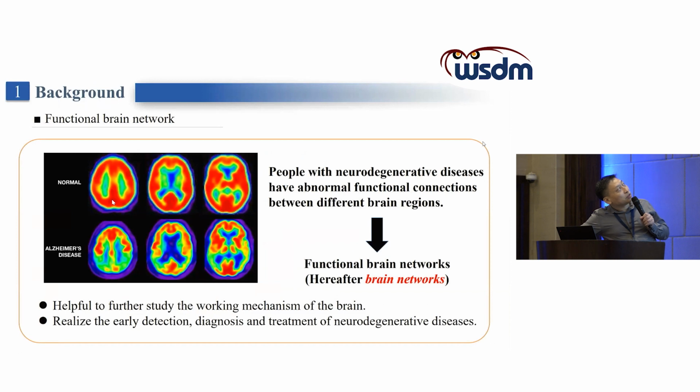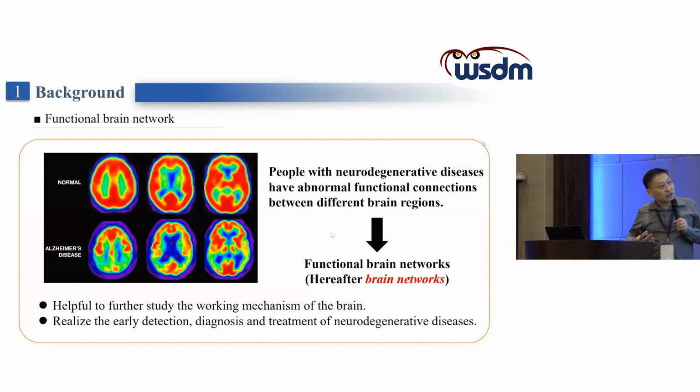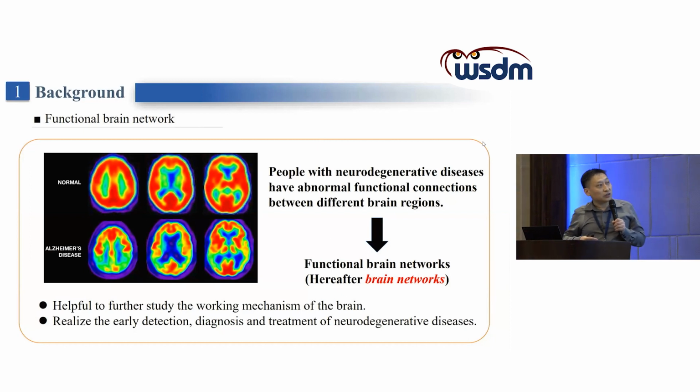You can already see from the image that there is some difference between the normal image and Alzheimer's disease. So we are trying to develop a method to actually differentiate them. We use brain networks, and we hope that by earlier detection, we can give a series of diagnoses and also treatment for this neurodegenerative disease.